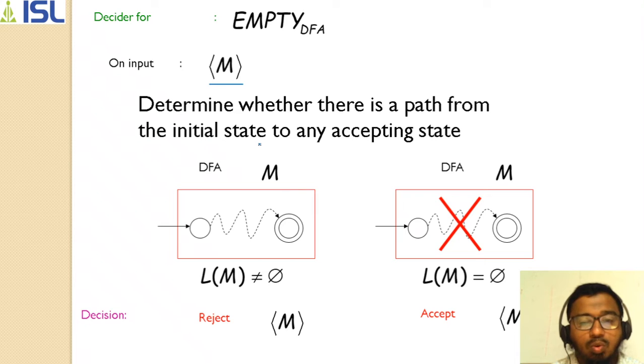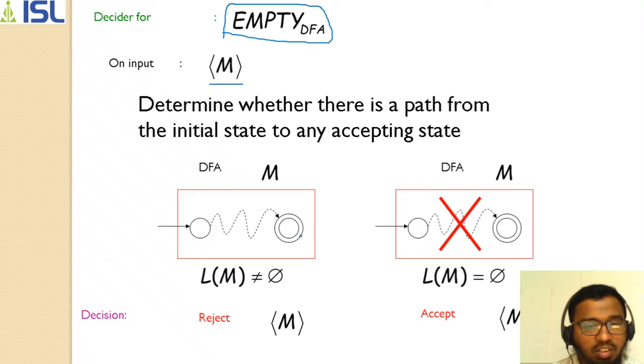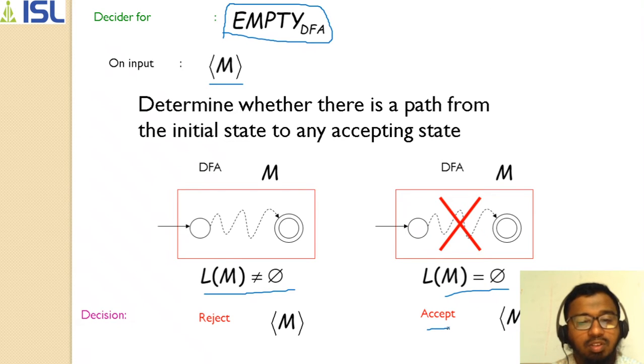We need to check whether the path is there or not from the initial state, because when it is empty, there should not be a path from initial to final. If it is going from here to some final state, that means it is not empty, it does not belong to phi. When we don't have any state diagram, nothing, then that is an accept, and this is a reject in simple words.